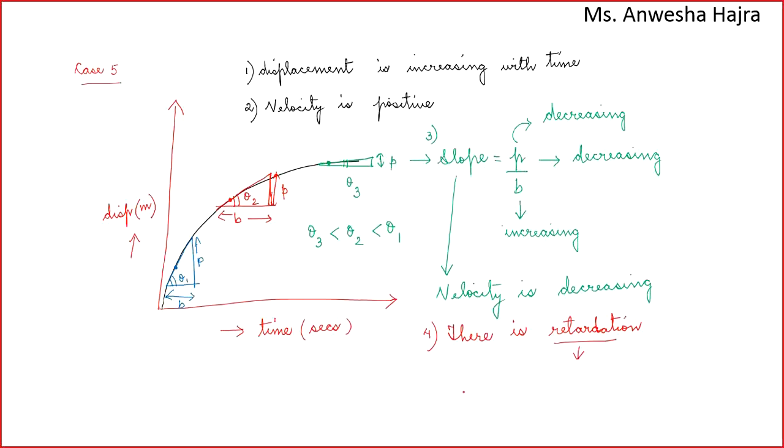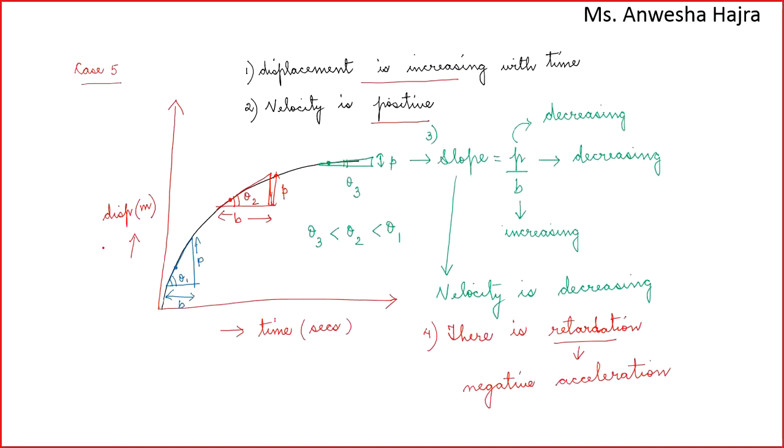Retardation is actually negative acceleration. So when you are given a graph like this, you can see displacement is increasing with time, velocity is positive. This is actually non-uniform velocity.